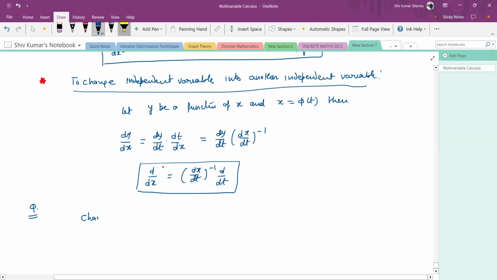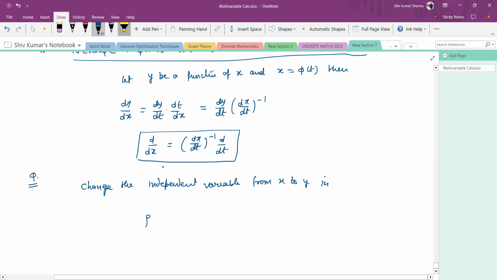So we have a question, change the independent variable from x to y in the equation given as rho is equal to (1 plus (dy/dx)²) whole to the power 3/2 upon d²y/dx².